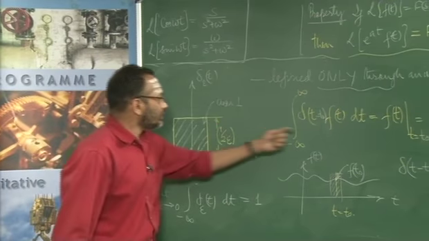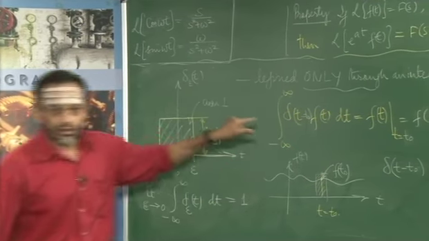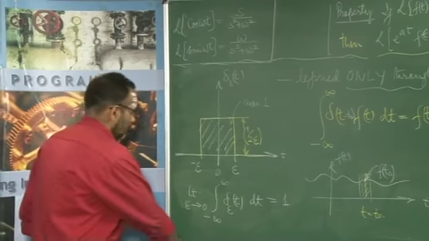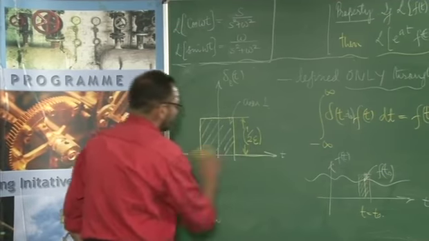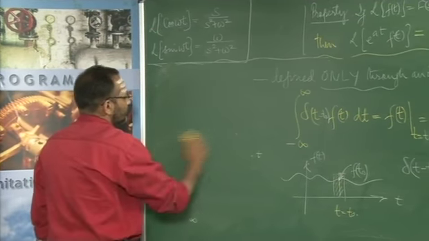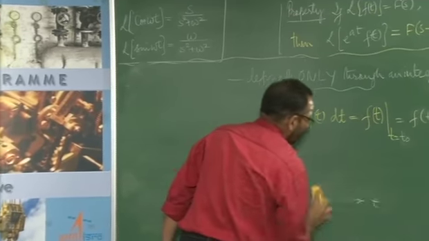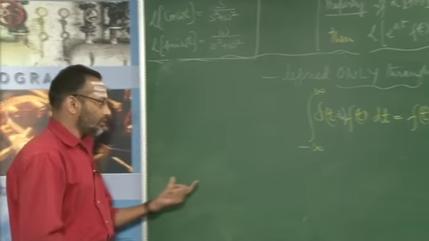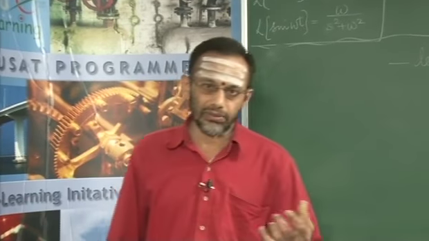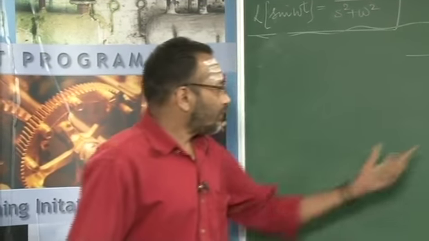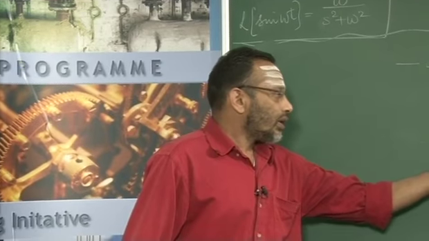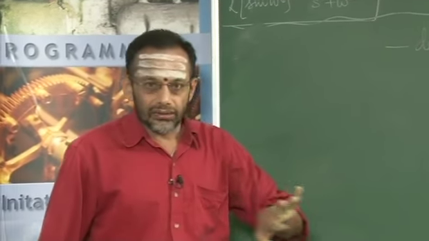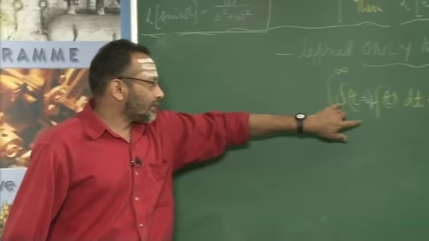It is defined only through the integral. Without the integral, there is no point in defining this function. Now, you saw that there are several examples which will give you this property. We saw one rectangle with the width of the base being epsilon. You saw another example with the width of the base being 2 epsilon. Both of them will give you the same result. Therefore, it is not only one type of object, which is this unit impulse, which will give you this.